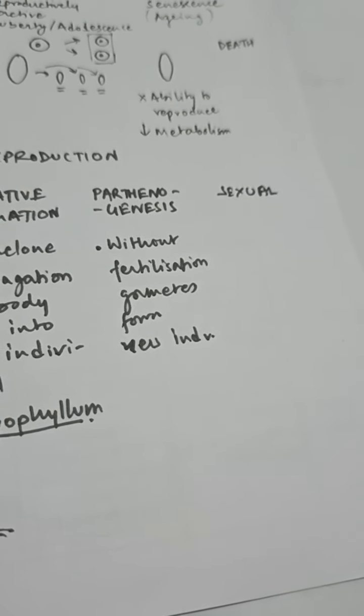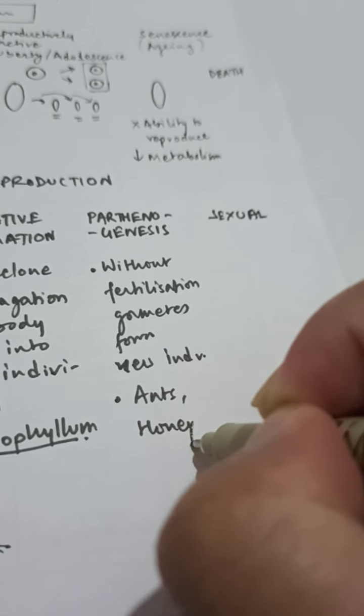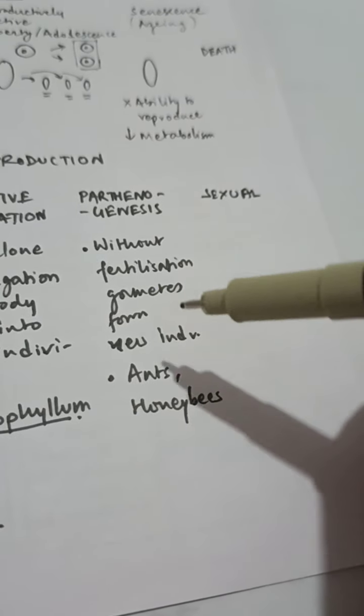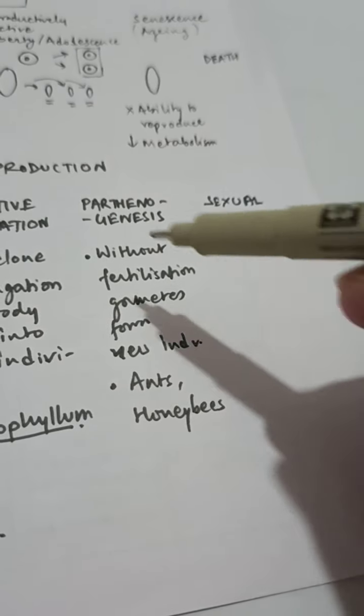Okay, without any fertilization, the gametes will form the new individual. So where do you find this? We are going to find this in the case of ants, honeybees. Where the female lays eggs, which is the gamete, definitely the female gamete, but that gamete automatically grows into the new individual.